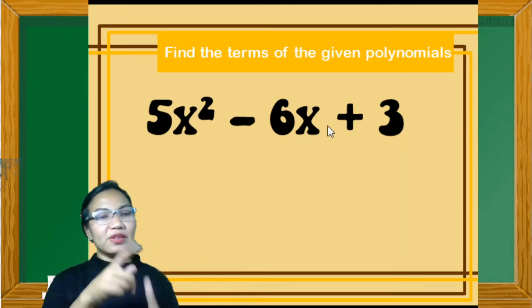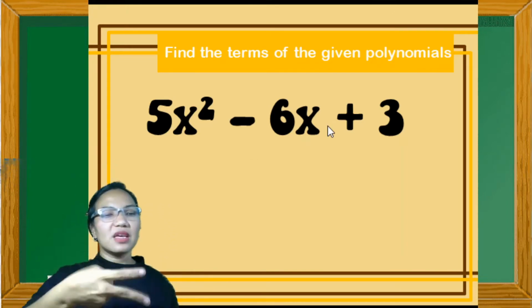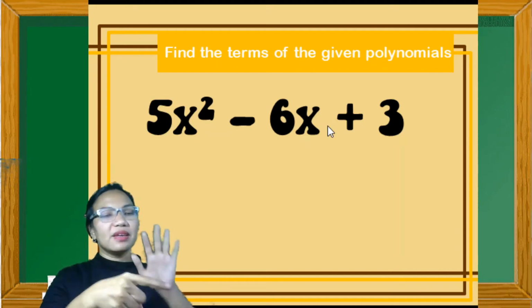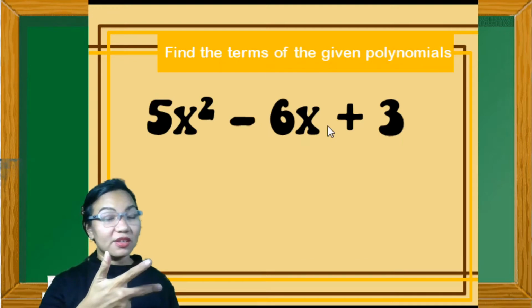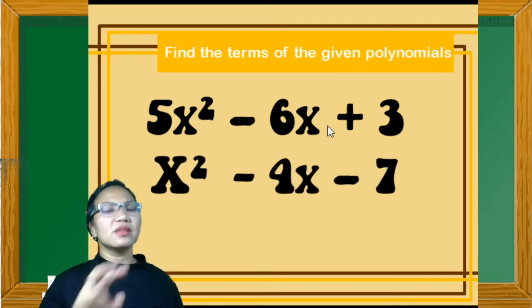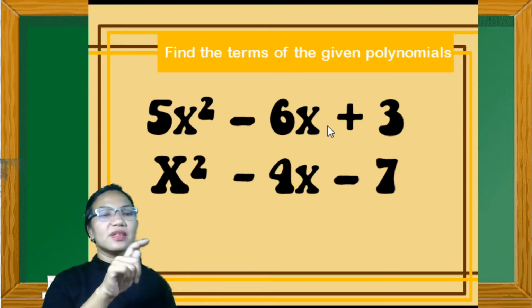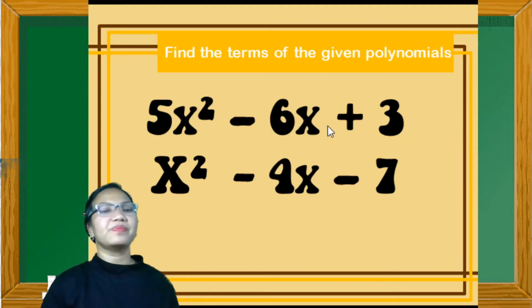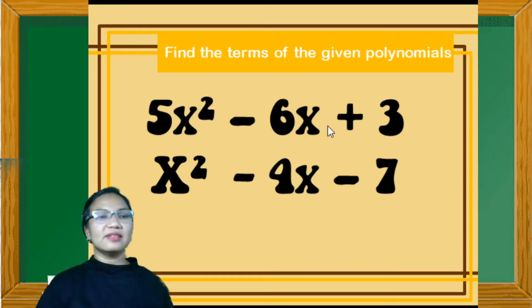We have the first term, it's 5x squared. And then the second term, negative 6x. The third is positive 3. Second example, x squared. That's the first term. Negative 4x, second.